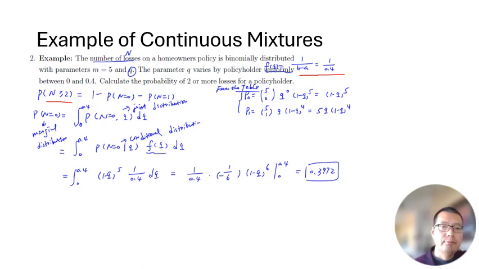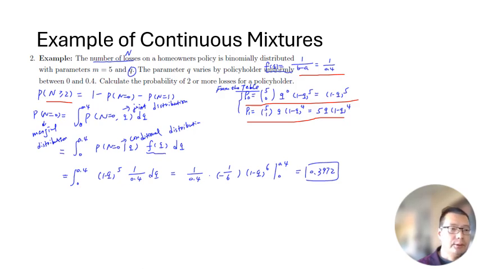So from the exam table, we know the binomial distribution. P0 is equal to this, P1 is equal to this. With this in mind, we can integrate this over the distribution of q, which is a uniform distribution.